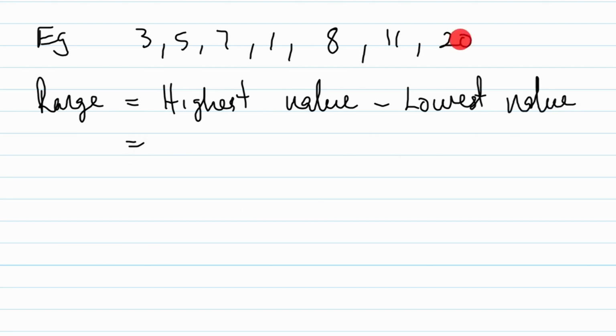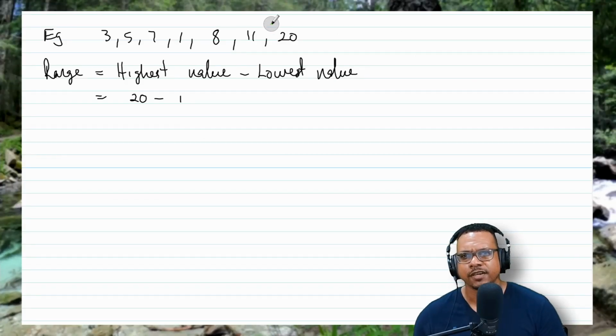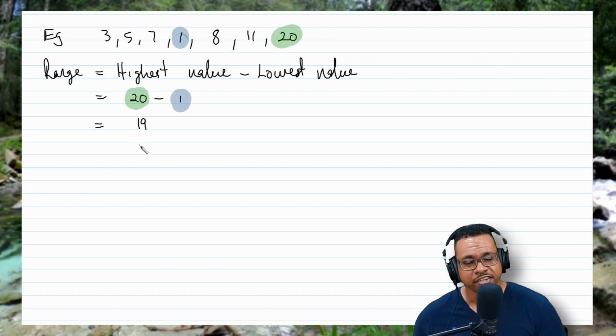My highest value is 20, and my lowest value is 1. And of course, 20 take away 1 is simply 19. That will be my range.